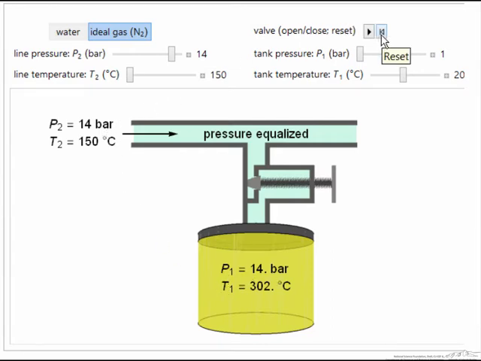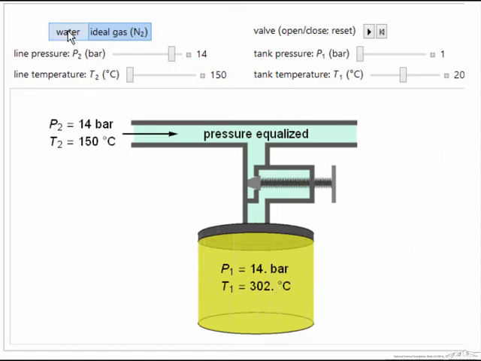And let's reset that so we can notice we're starting at 200 degrees C. This is 150 degrees C. But notice the final temperature is higher than either one of these, 300 degrees C, because we're doing work when we start compressing this gas. Remember, this is insulated, so it's adiabatic compression, and the temperature goes up. And this temperature is calculated from that unsteady state energy balance.